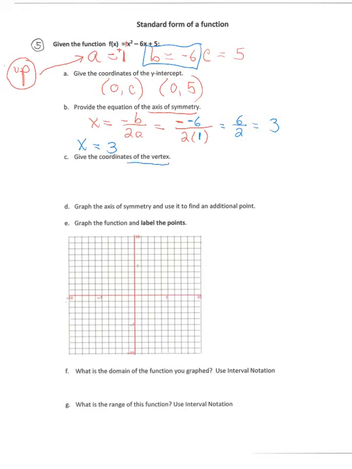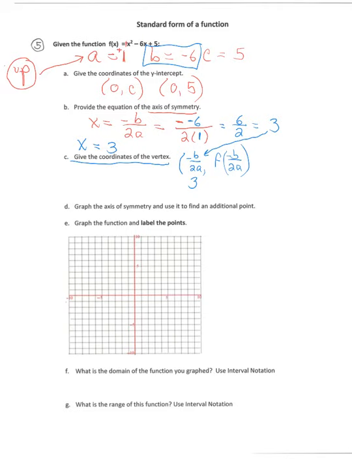While we're at it, let's do the vertex. Remember that the vertex is that same -b over 2a that we just calculated right above. Then all we have to do is substitute it into the formula to get the y coordinate. We already know that -b over 2a was calculated to be 3.